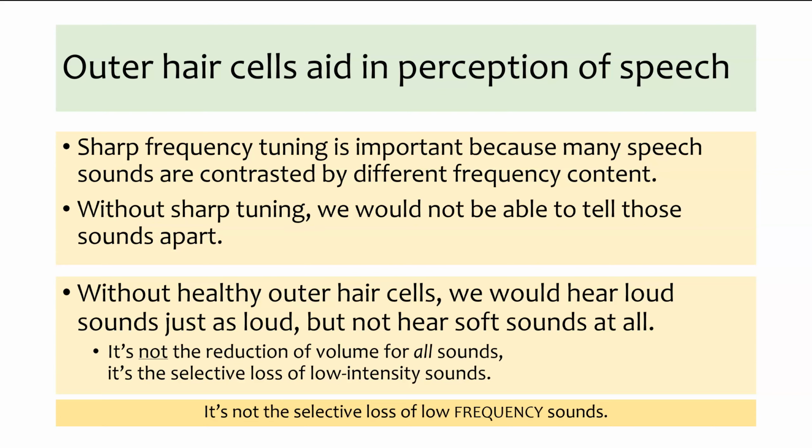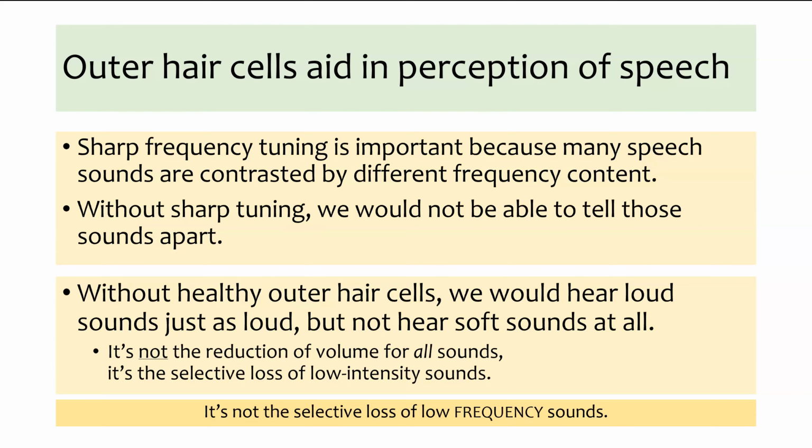Another thing I wanted to touch on here, just because it tends to be a pretty common mistake on exams, is that without outer hair cells, it's not that we're selectively losing low frequency sounds, it's that we're selectively losing low intensity sounds. So hopefully this will give you a pretty good overview of the main things we want to know about the outer hair cells and the function of the basilar membrane.